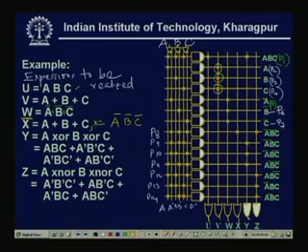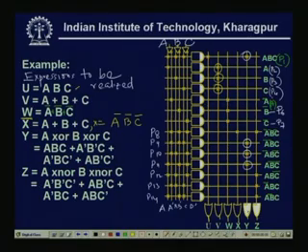See how it realizes Y: A bar B C, A bar B bar C, A bar B C bar, A B bar C bar and A B C. So, Y is nothing but the 3 input XOR.